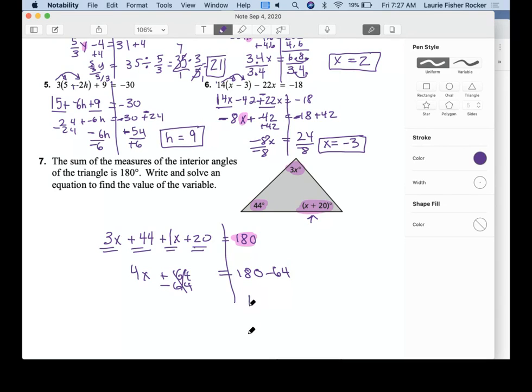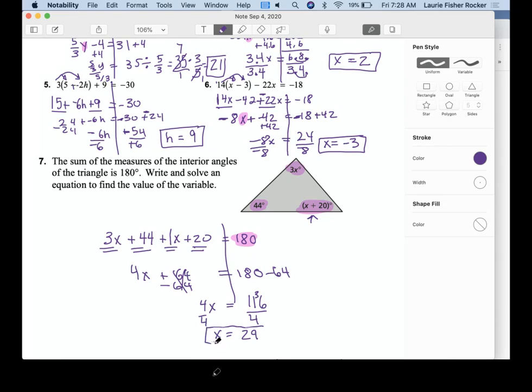121, 16, I think. Is that right? Equals 4x, divide by 4, divide by 4. X equals, 4 into 11 goes twice with a remainder of 3, and 4 goes into 36 9 times.